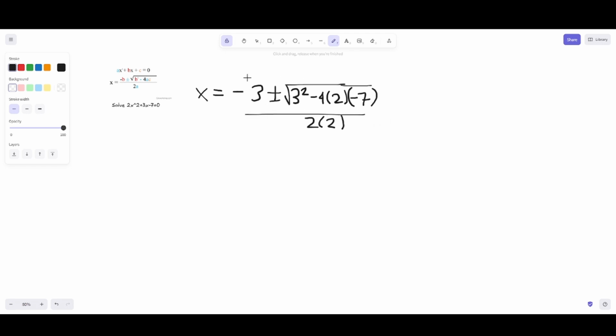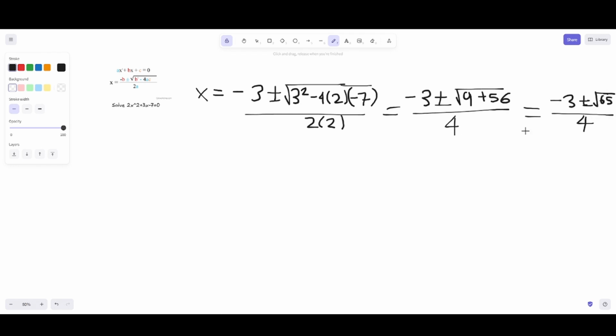After inserting the values of a, b, and c into the formula, we can then find the discriminant, which is the value inside the square root. We can then solve for x.